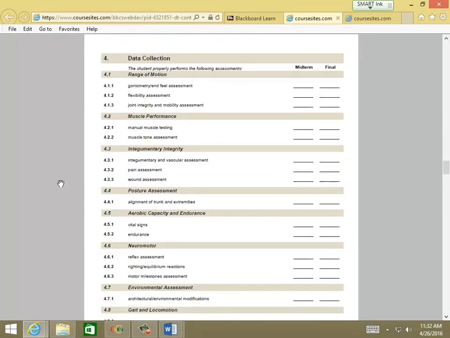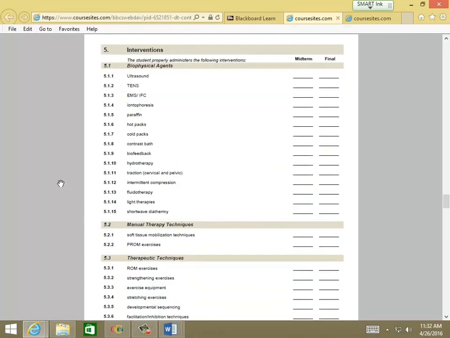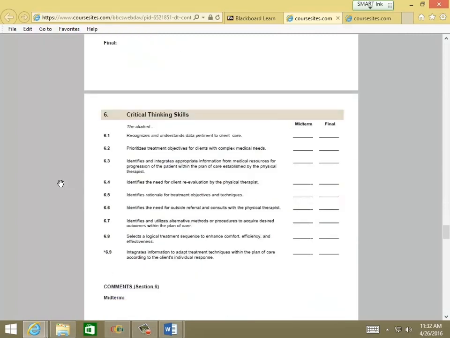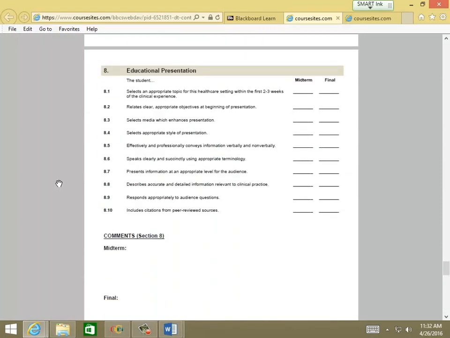Data collection skills, subdivided into various categories. Various interventions, critical thinking skills, organizational administrative skills, and finally the educational presentation, which is the in-service that the student should be delivering to you toward the end of the experience.